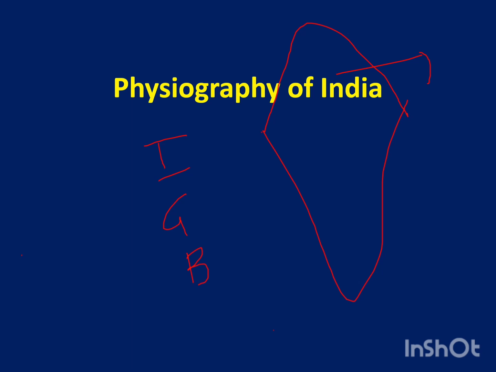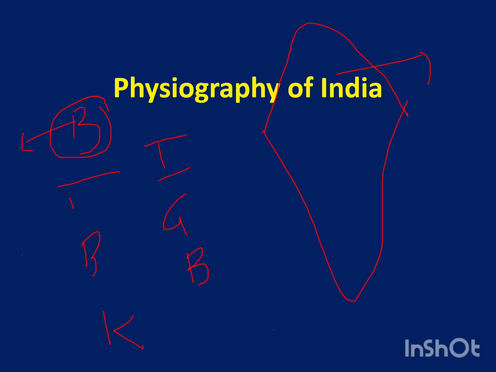According to the variations in the relief features, the northern plains can be divided into 4 regions. Those are Babar, Terai, Bangar, and Kadar. Babar is a narrow belt of 8 to 10 kilometers parallel to the Shivalik foothills at the break of the slope. The rivers, after descending from the mountains, deposit pebbles in this belt and the streams disappear.